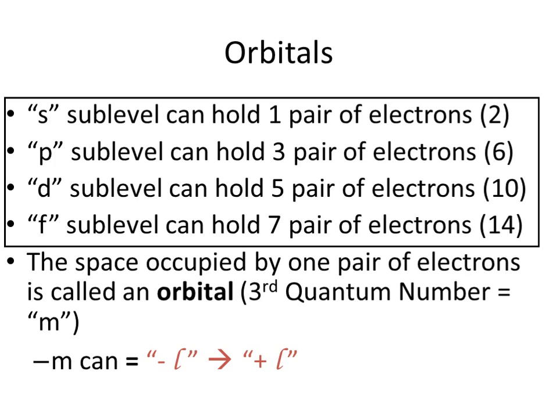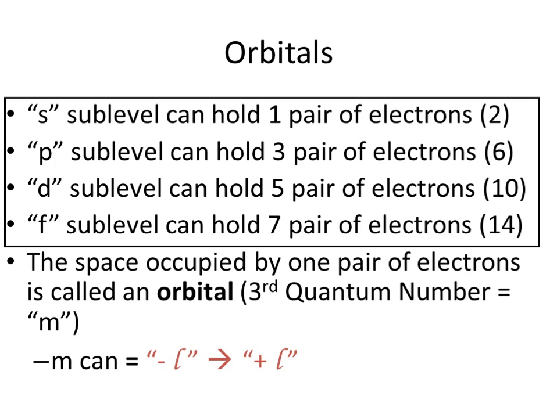So take, for instance, a P sublevel. You've got 3 orbitals, 3 spaces, 3 boxes that you would be putting electrons into in an orbital diagram. And we need to label each one. Well, the center one is going to be labeled 0, and you've got 1 on either side, so you've got -1 and +1. If you think about the l value associated with a P sublevel, l is equal to 1.